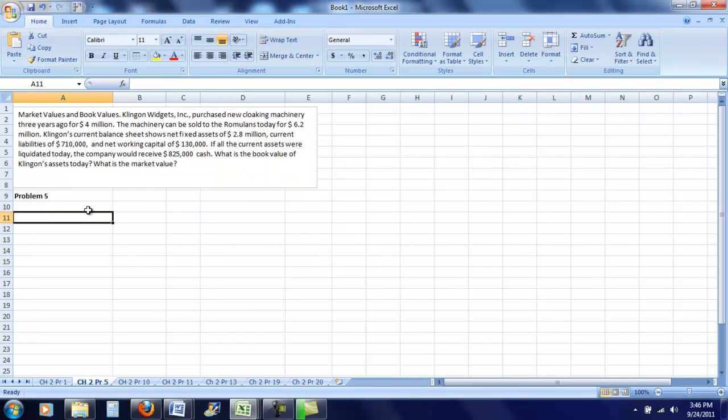So, first I'm going to create a balance sheet. Current assets, net fixed assets, total, we'll skip a few lines here, total assets.